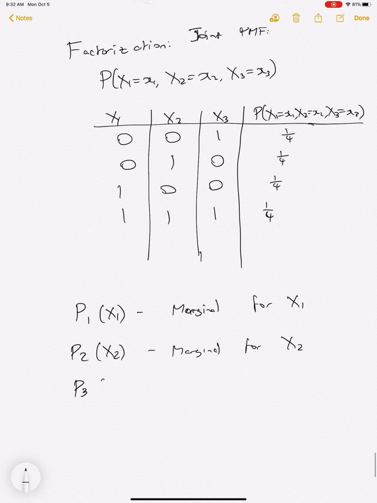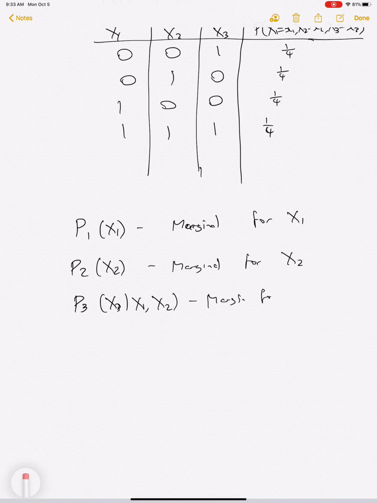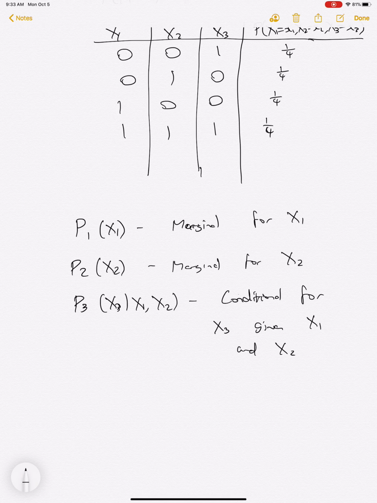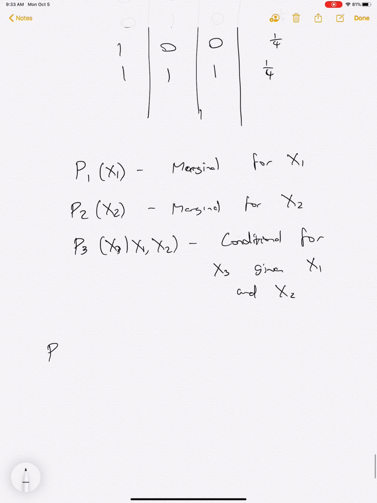And then P3 of x3 given x1, x2 is the conditional for x3 given x1 and x2.